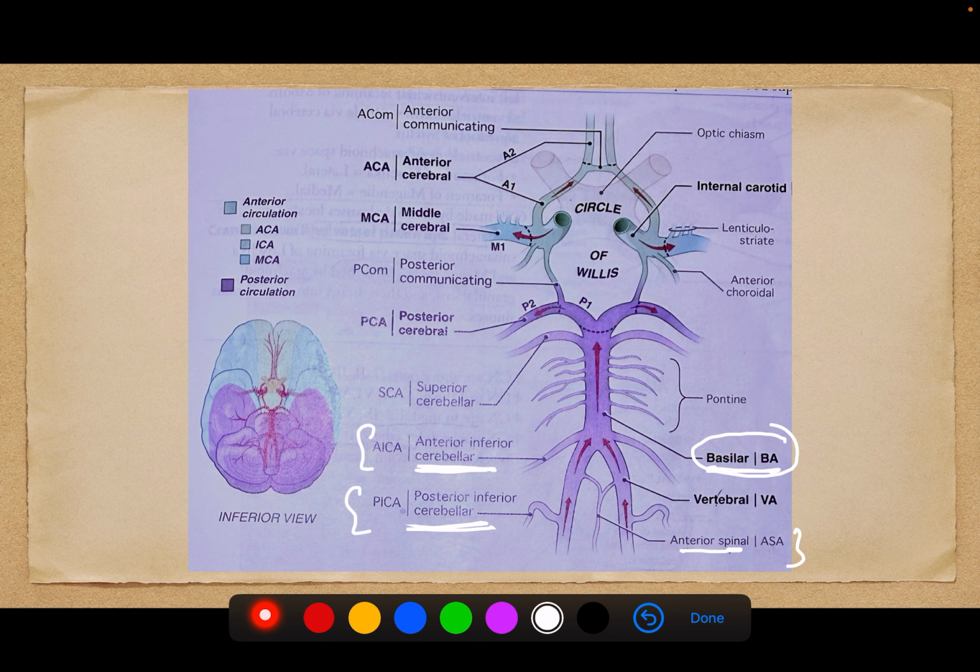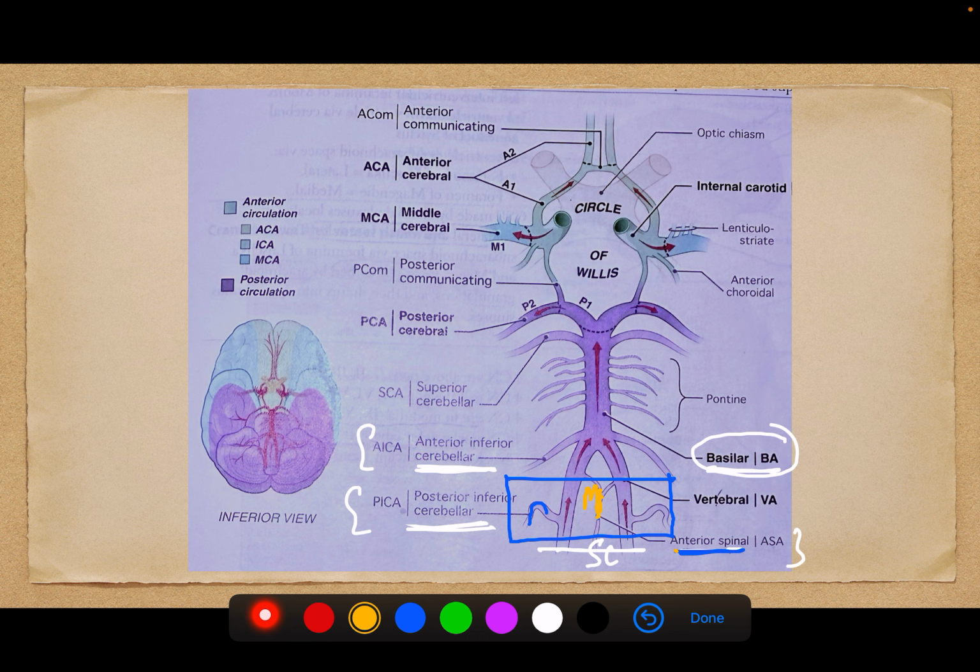If we look at the brainstem, below it there is the spinal cord, right? The anterior spinal artery and the posterior inferior cerebellar artery mainly supply the medulla, the lowermost part of the brainstem. In the medulla, the anterior spinal artery involves mainly the medial aspect.